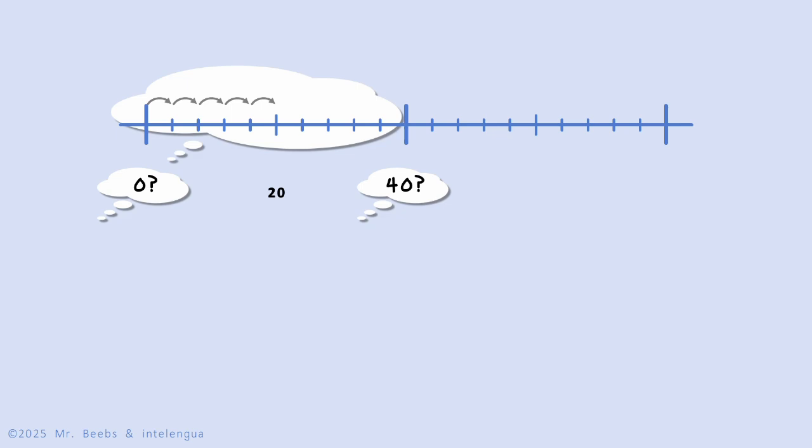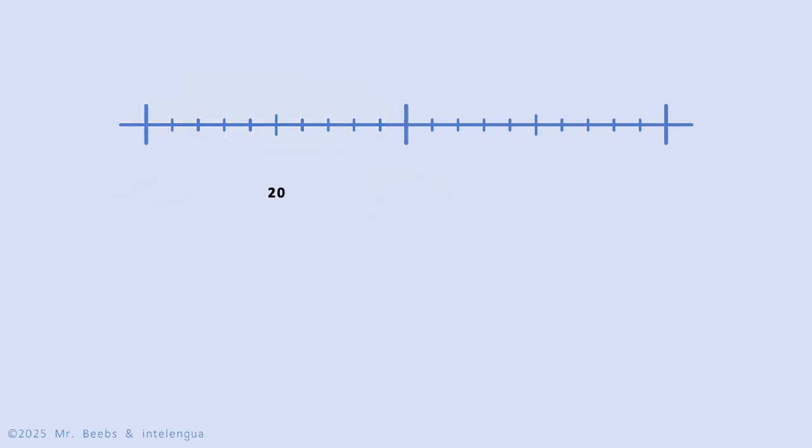Now, that's only if we start at 0, but we're not sure if we start at 0. What if we start at 15? Does that look like a good possibility? If the first value were 15, what value would be on the other side? Well, from 15 to 20 is a distance of 5.